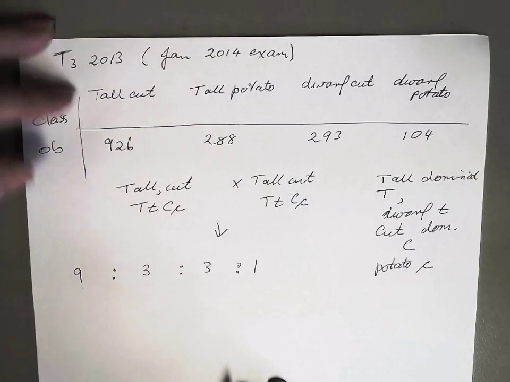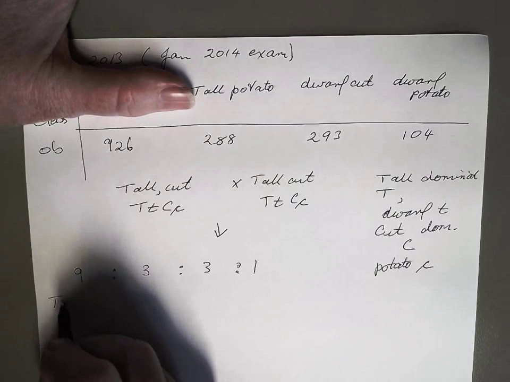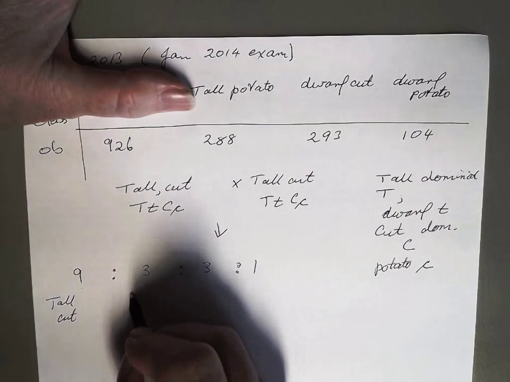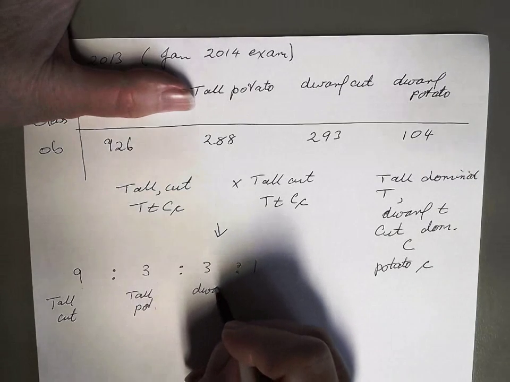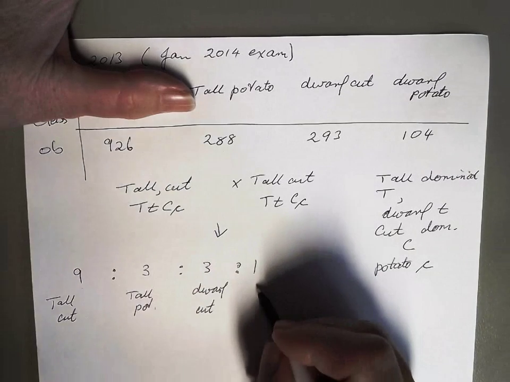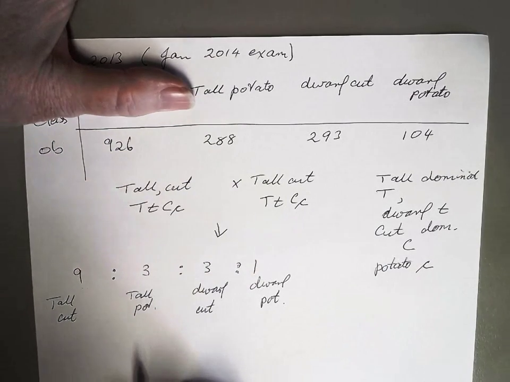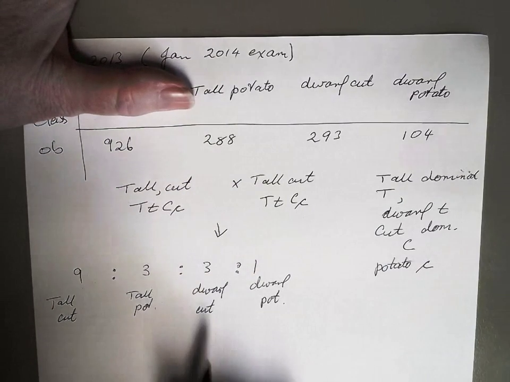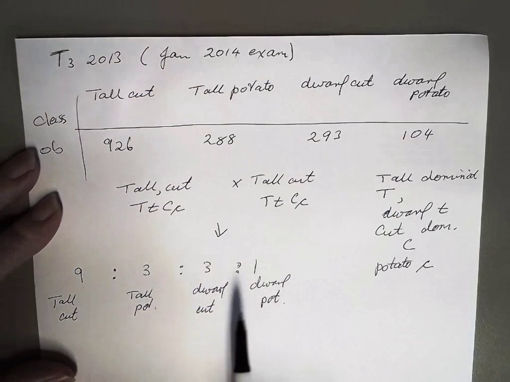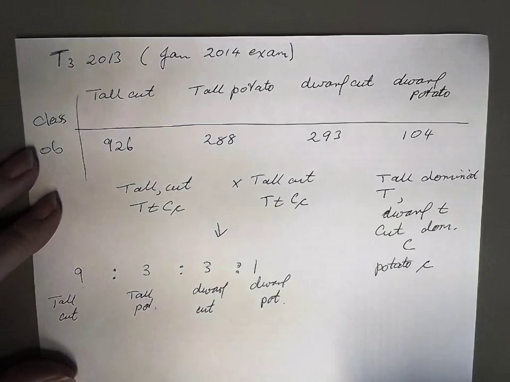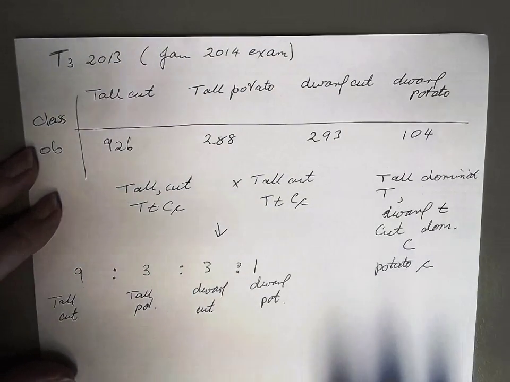We would expect them in what we call a 9:3:3:1 ratio, and these would be tall cut, tall potato, dwarf cut, and dwarf potato. What we want to find out is, are there plants that we're seeing following this particular ratio? If we were geneticists, that would lead to lots of other implications, but just statistically that's what we want to find out.